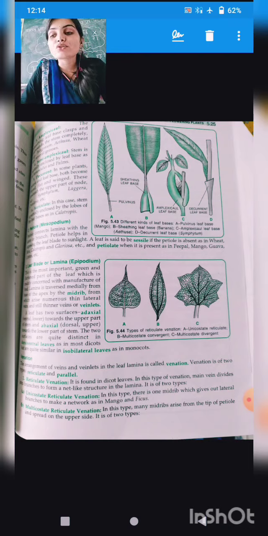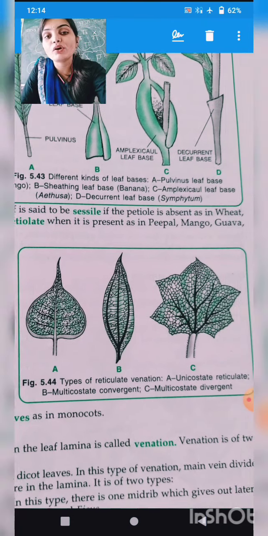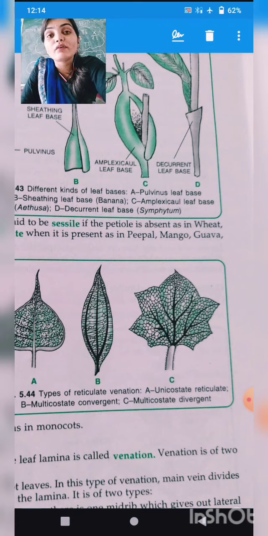As you can see, the leaf in the upper diagram has parallel venation, meaning all the veins are attached parallel to each other. This type of venation is known as parallel venation. But in the lower diagram you can see the veins are in a net-like structure.